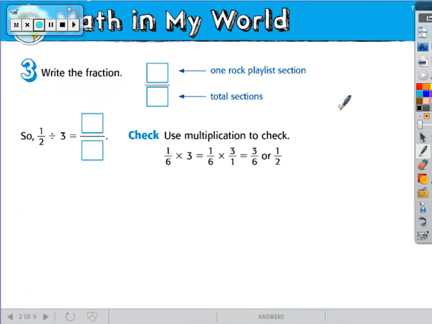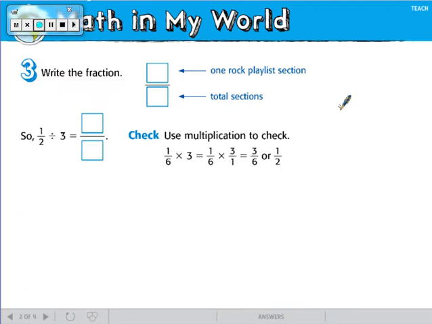Now we get to write 1/6 a bunch of times and then talk about what we're going to do here. Okay? So 1 rock playlist section, that's 1. And the total number of sections was how many? 6. So now we're going to check. Okay?